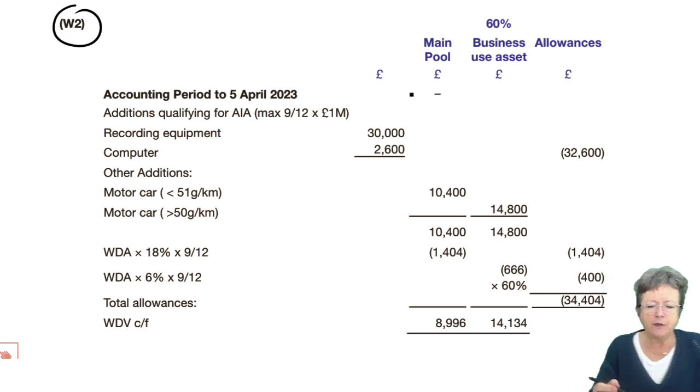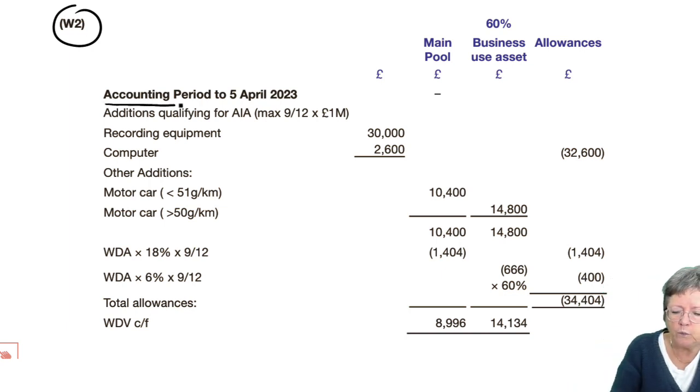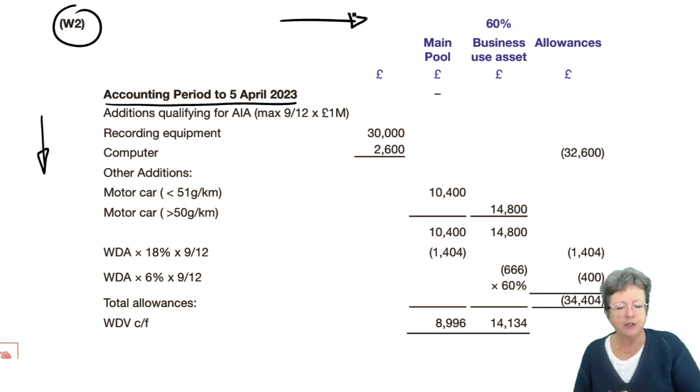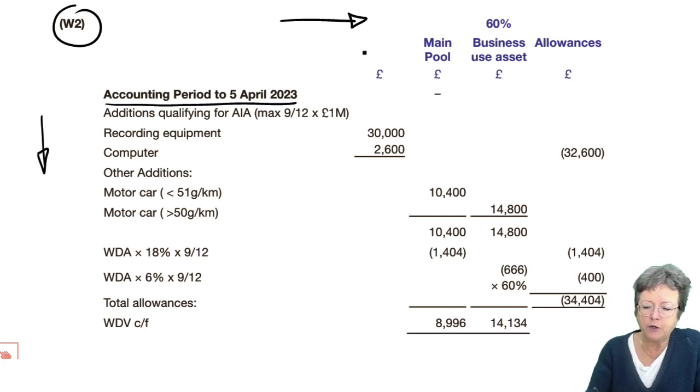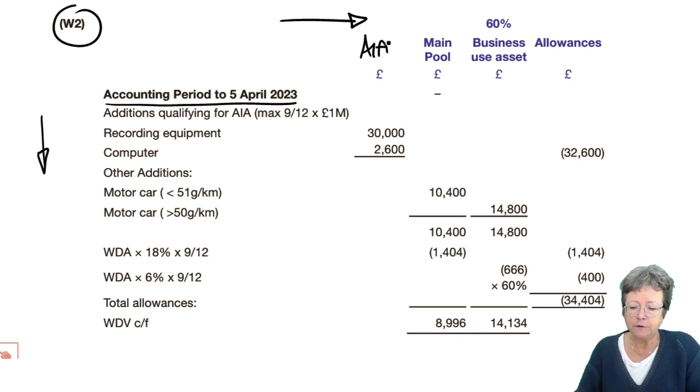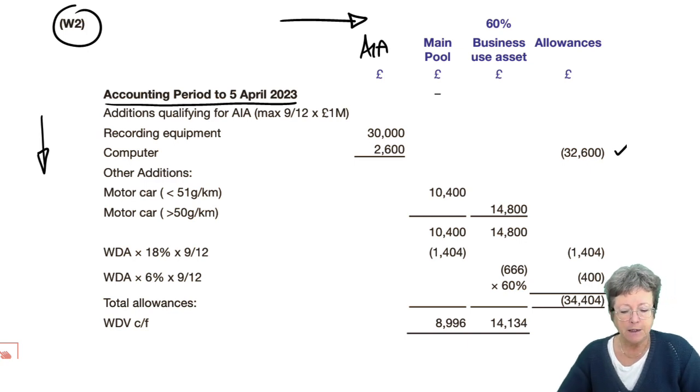This is the accounting period. Do you remember we had the pro forma down the side, headings across the top, and she bought recording equipment and a computer, all of which she can have AIA on. So that's gone straight over into the column here with the brackets on it. Now she bought 2 cars.